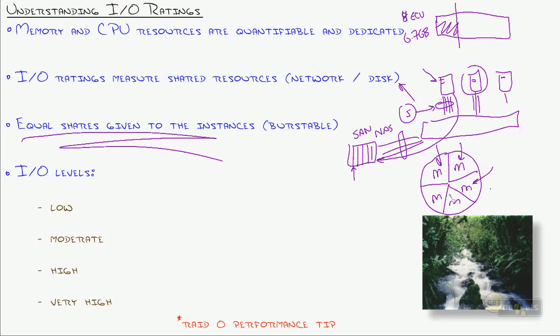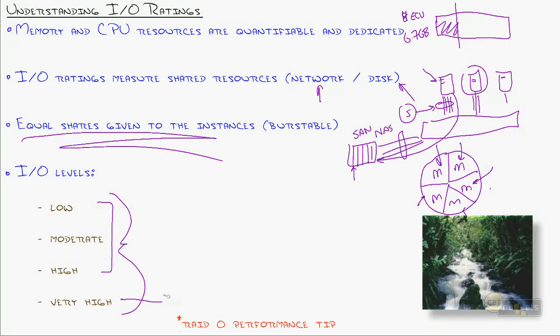Of course, you're not waiting in line for hours for everybody to get their share. This is all happening very fast behind the scenes. But everybody's getting a little share of their disk access and their network access on the storage and on the network. So when you're looking at I/O, really, it's in terms of low, moderate, high, and very high. And I would say most people, this is for the clusters.